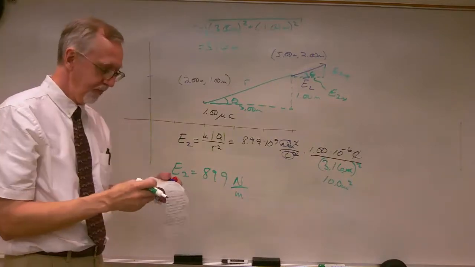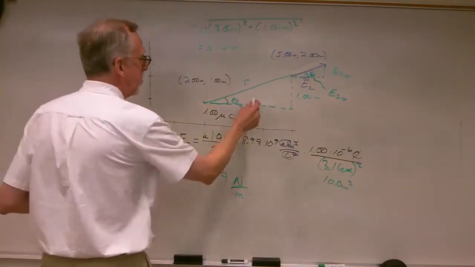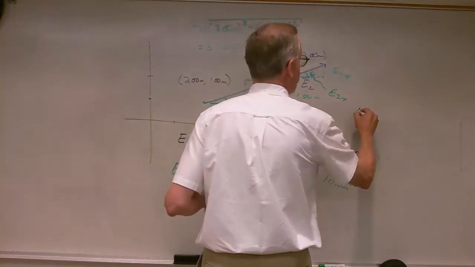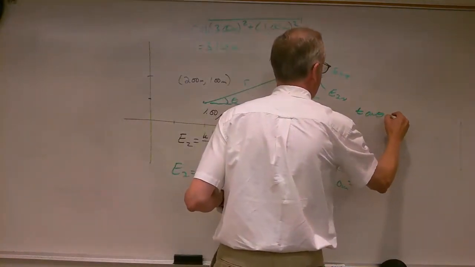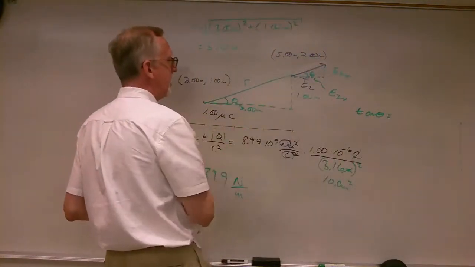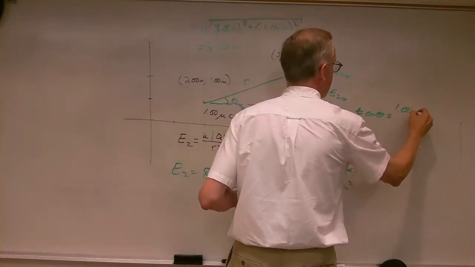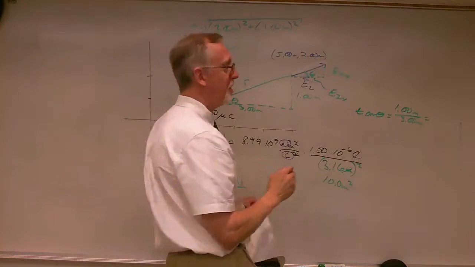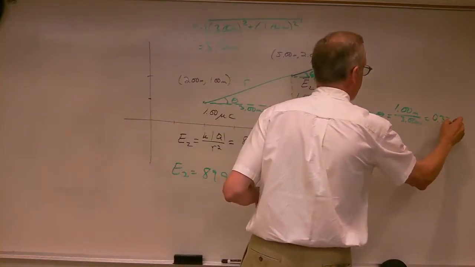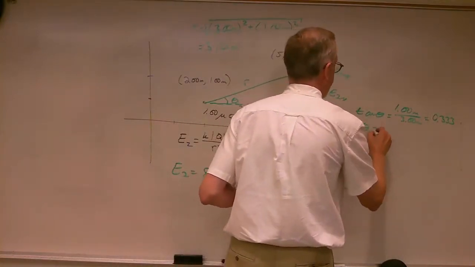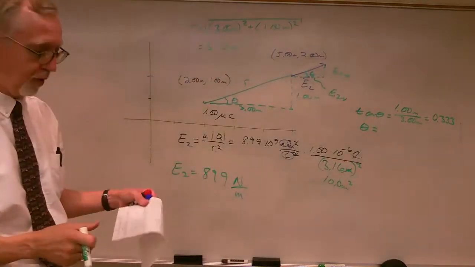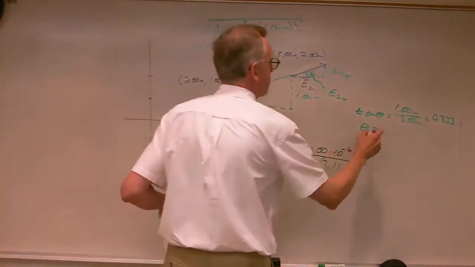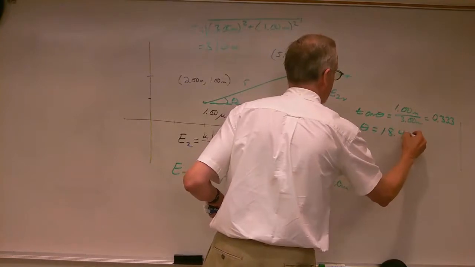So we can figure out what theta is. We know that tan theta is equal to opposite over adjacent, or 1 meter over 3 meters, or 1/3, 0.333, or theta is equal to the inverse tan of 0.333, which gives us 18.4 degrees.